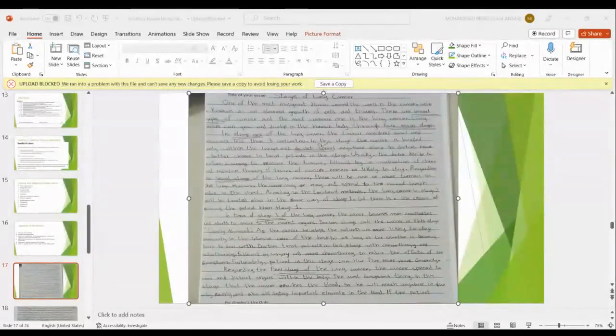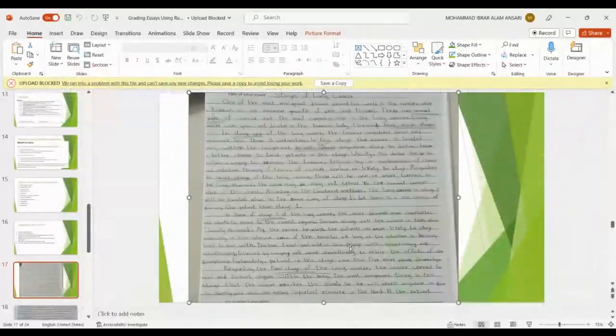Okay. Now, have a look at the body paragraphs. In stage one, as you can see, I'm pointing out second stage, stage three, and then stage four.